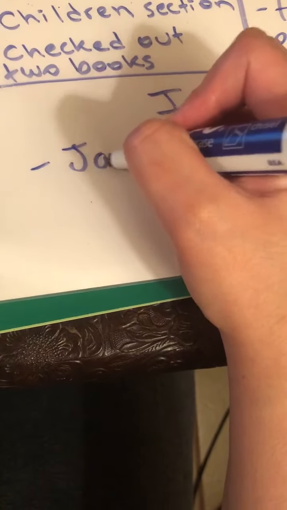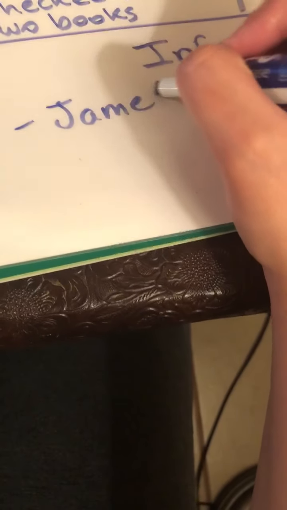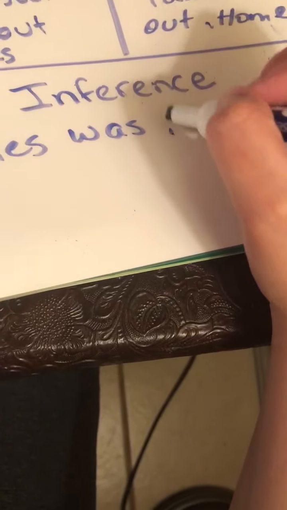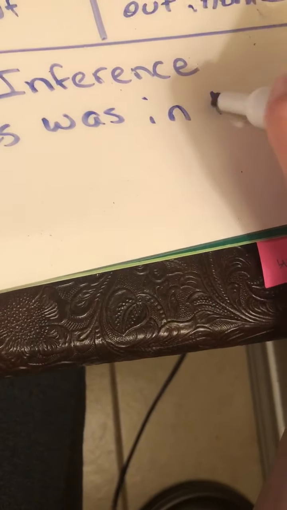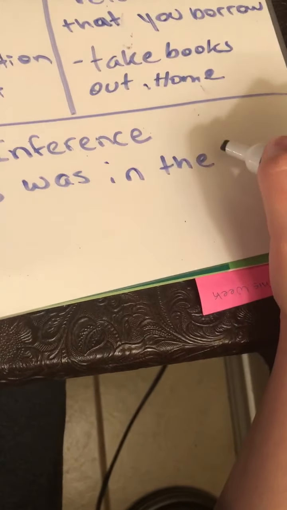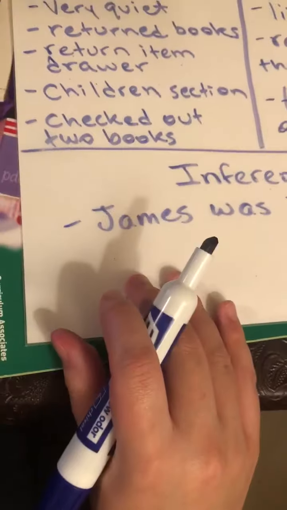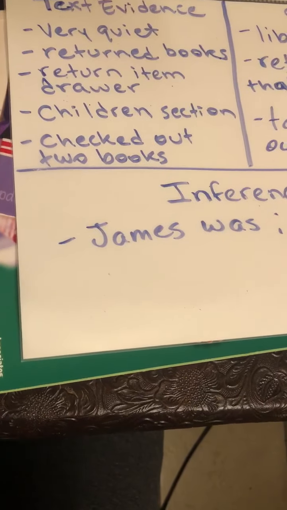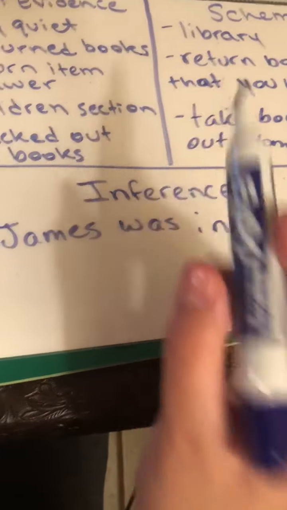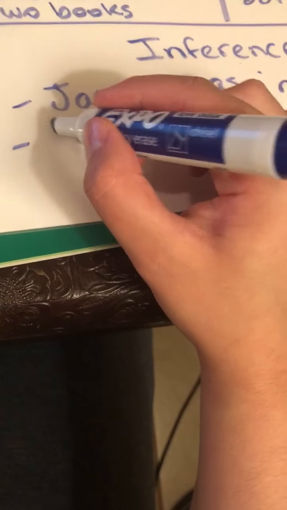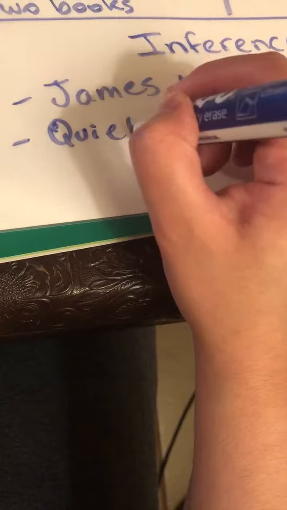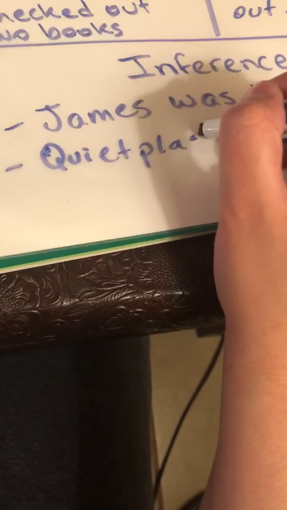So I can infer James was in, I'm sorry, it's a little hard to read, the library. Well, how do I know that? I know that because in libraries, it's usually very quiet. It's a quiet place because people are reading. So I'm going to put it's a quiet place.